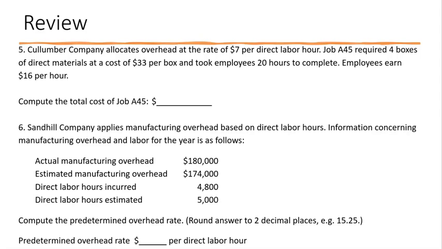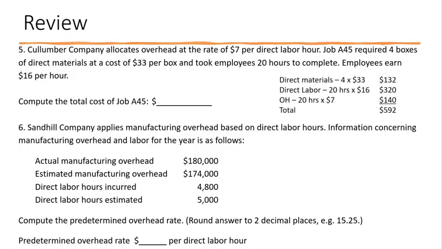So our direct materials is the 4 boxes at $33 per box. Direct labor is going to be our 20 hours at $16 per hour. And since we allocate overhead at the rate of $7 per direct labor hour, we take those hours again, times $7 to get our overhead. Total cost of job A45 is therefore $592.